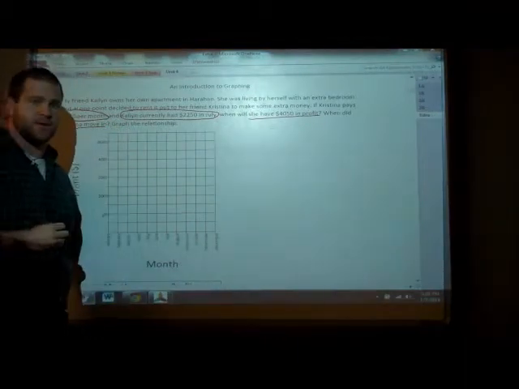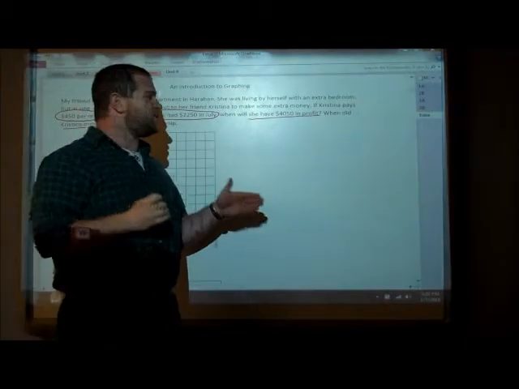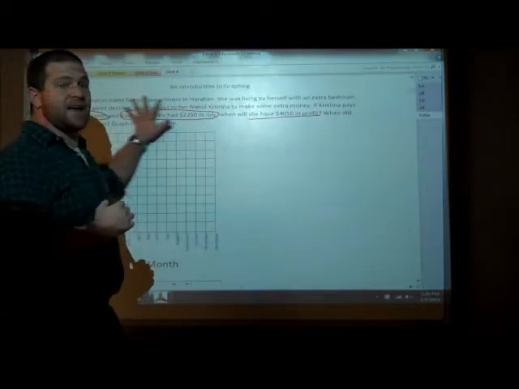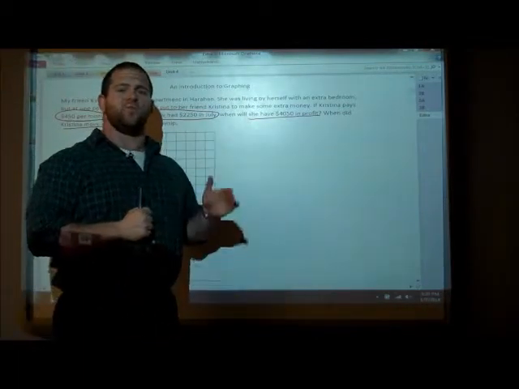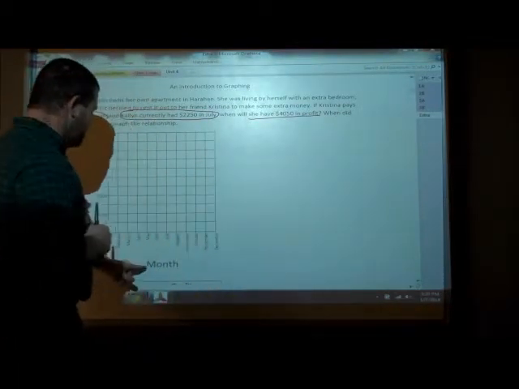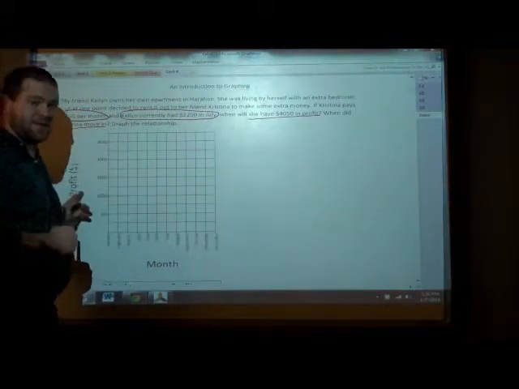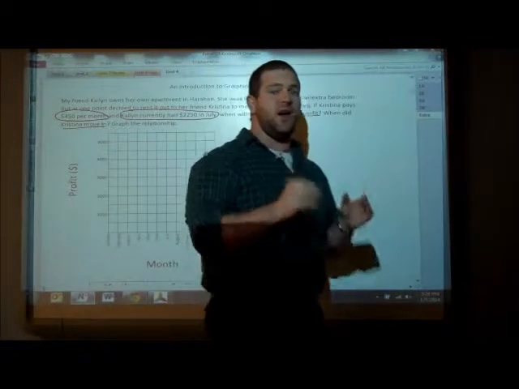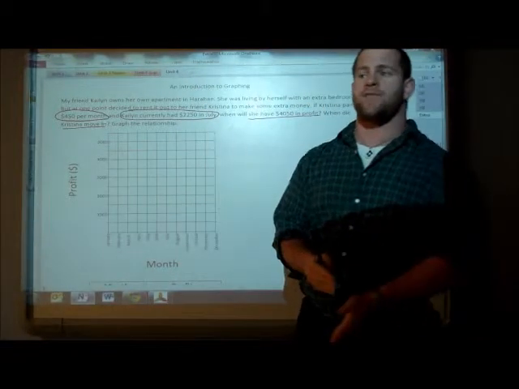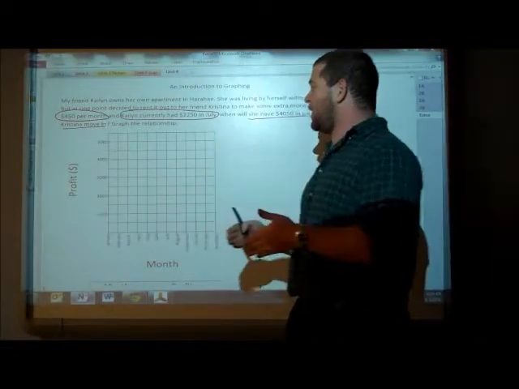Graph the relationship. As we start looking to plot, to try to get a line, the first thing we have to think about is what is the relationship? In this case, I gave it to you. It's the relationship between months and profit. To put a point on there, I need to know how much profit happens at a specific month.